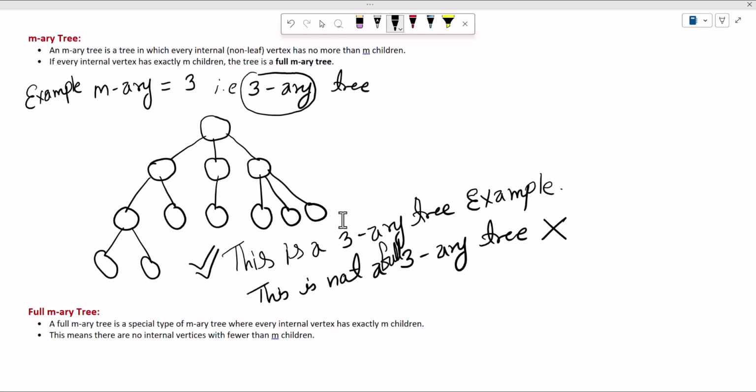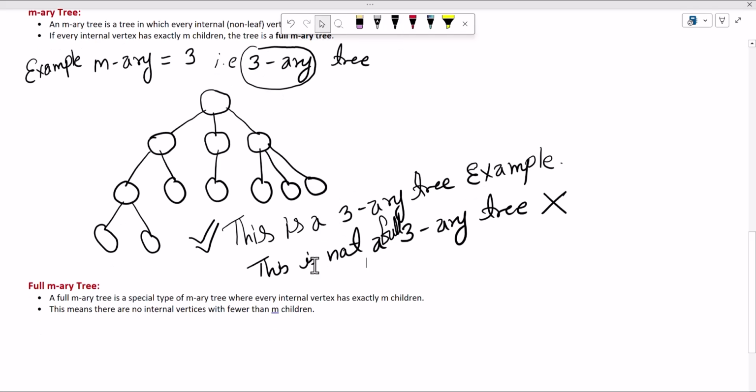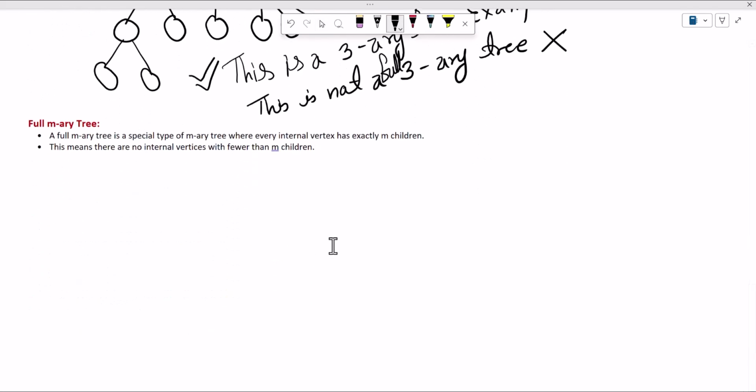So for a full 3-ary tree, our internal vertex must have exactly m children. So no internal vertices with fewer than m children, right? Let us take the example. So this is one root, and let us take a 3-ary tree example.